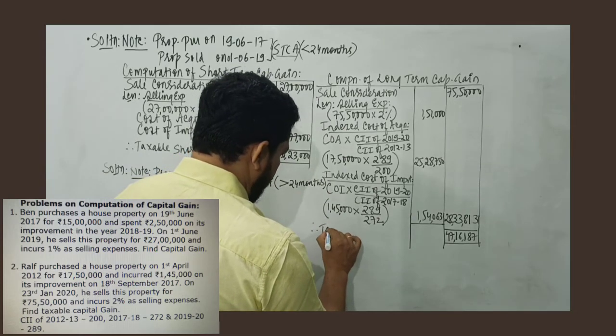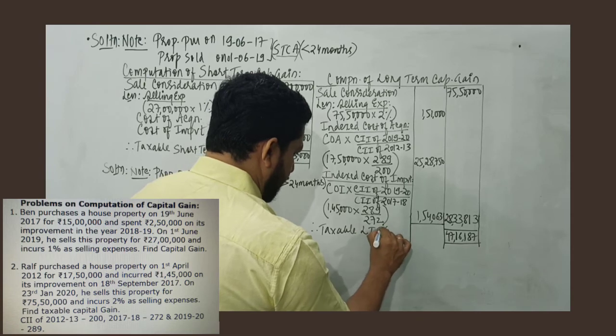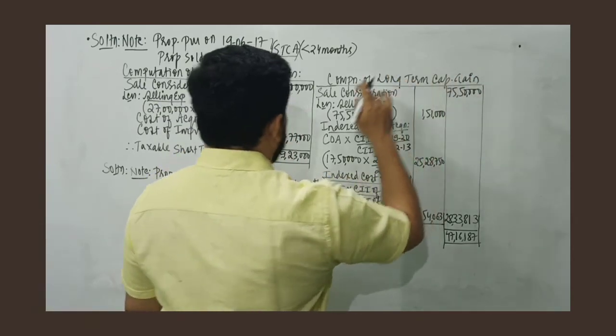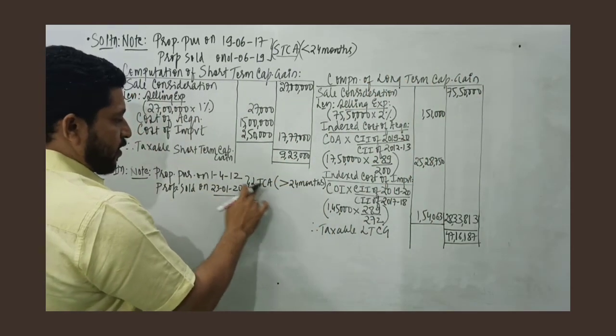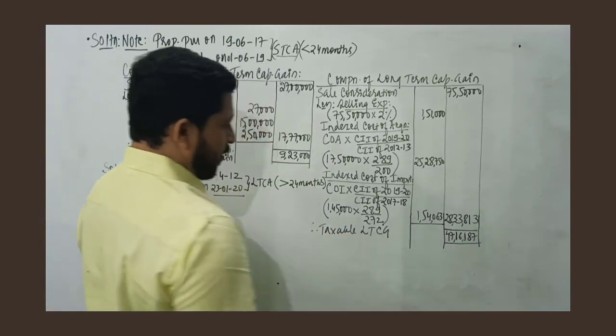This would be the taxable long-term capital gain. Since this is a long-term capital asset, it was held for more than 24 months, so the gain will also be long-term capital gain.